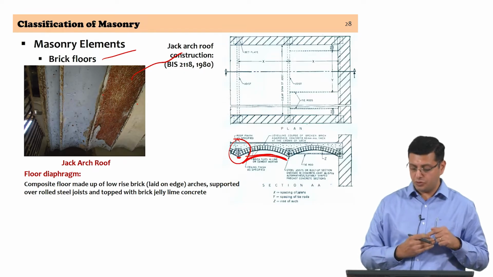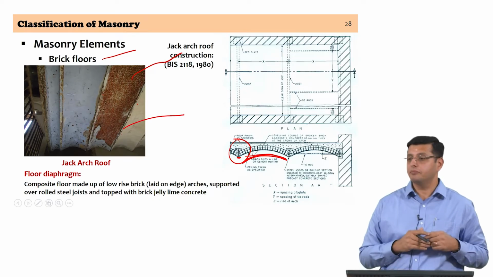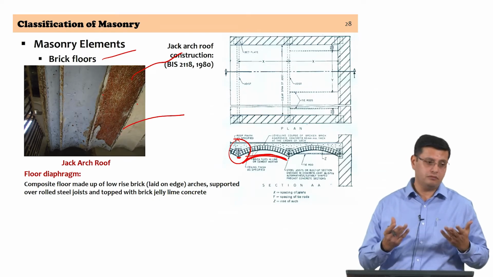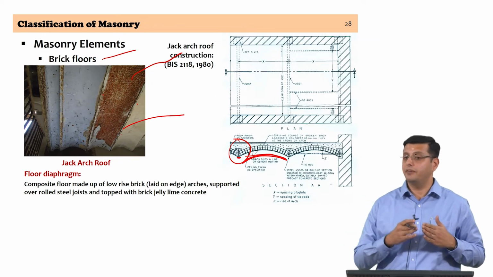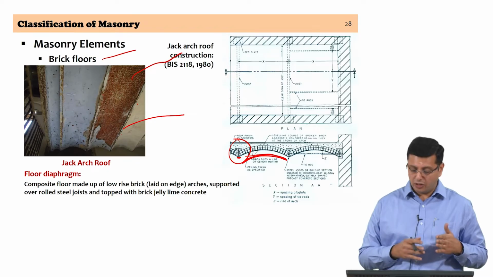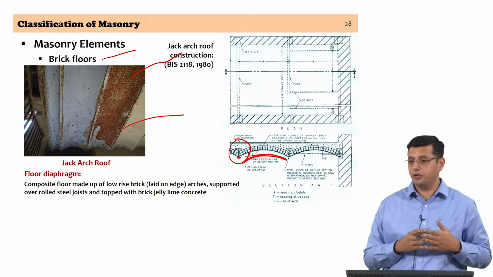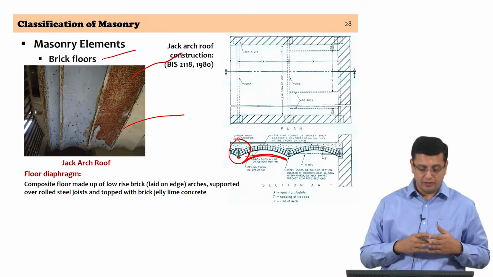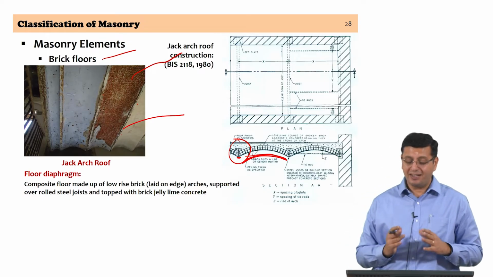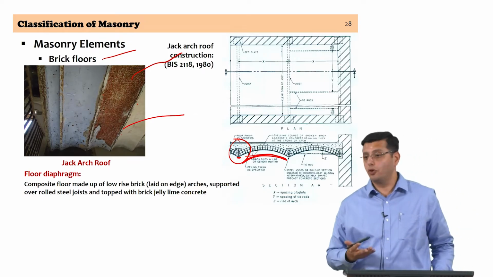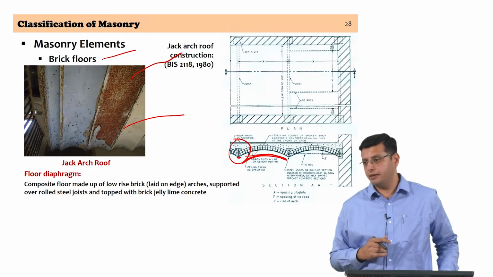You would find some situations where that is encased, but very often it is not, and you can actually see the bottom flange exposed and often corroding and in various stages of corrosion, primarily because brick being rather porous can hold moisture, and here you have steel rolled steel joist which needs to be protected against corrosion. So, this is a good flooring system, however from a rehabilitation point of view it is a very challenging floor system.